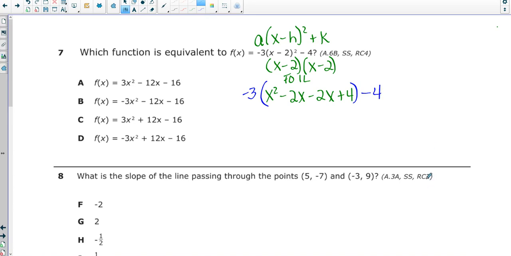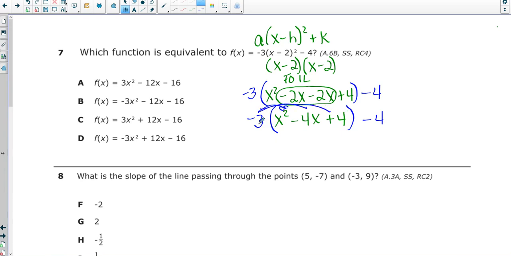Now I'm going to combine like terms inside the parentheses. I can combine my -2x and -2x, so we end up with -4x plus 4. And then, of course, we still have times -3 minus 4. Order of operations says to multiply, so we're going to distribute the -3 into each term.